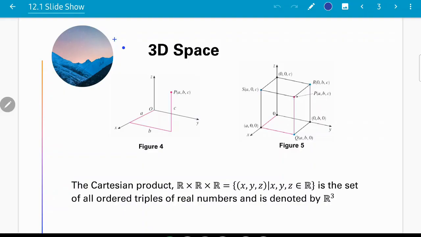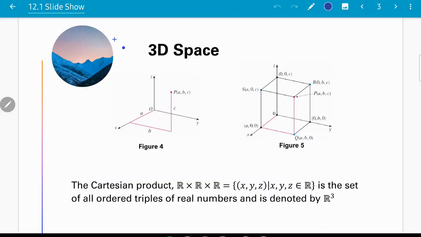Thus, to locate the point a, b, c, we start at the origin and move a units along the x-axis, then b units parallel to the y-axis, and then c units parallel to the z-axis, as shown in Figure 4.